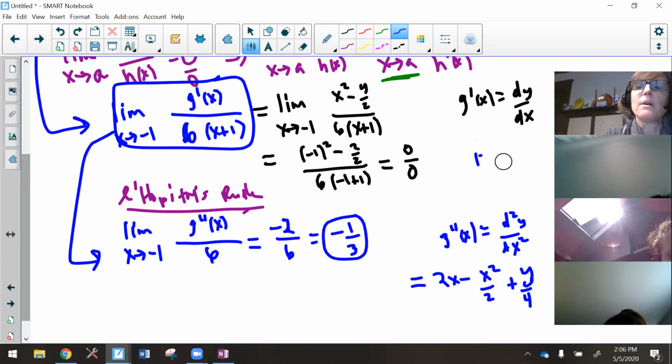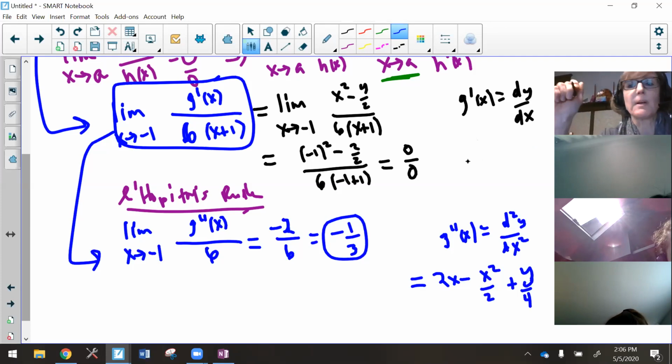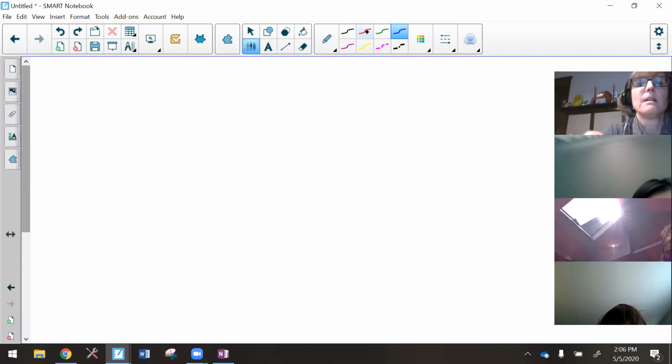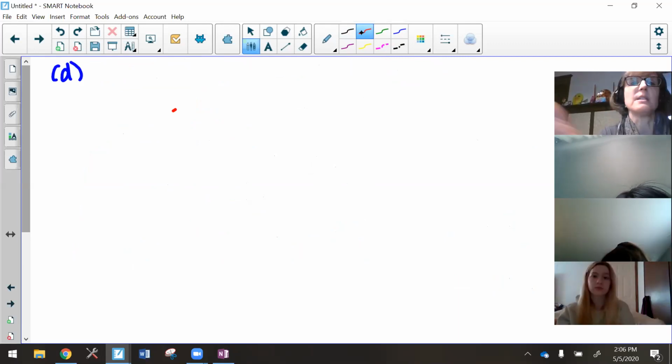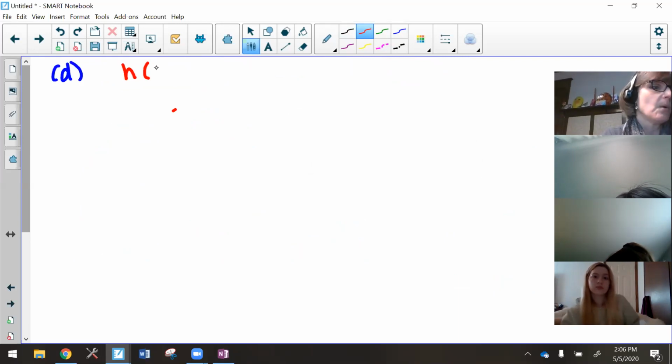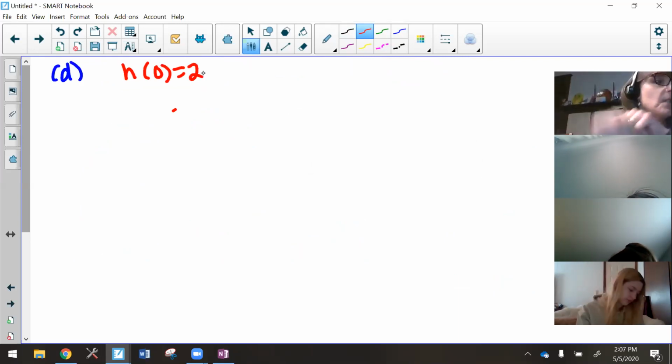All right. So I'm going to assume that we need to go over part D to remember what Euler's formula is. Yes? Okay, I got at least one yes there. Okay, so this is part D. Part D says let y equals h of x be the particular solution to the differential equation with h of 0 equal to 2.